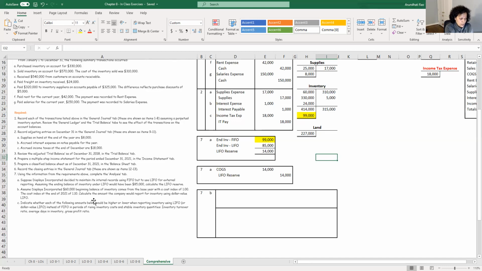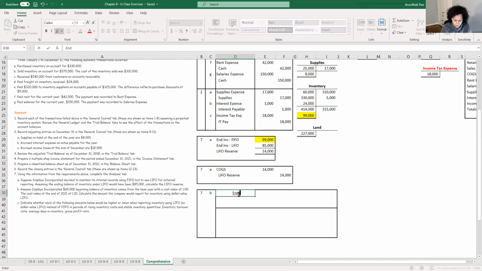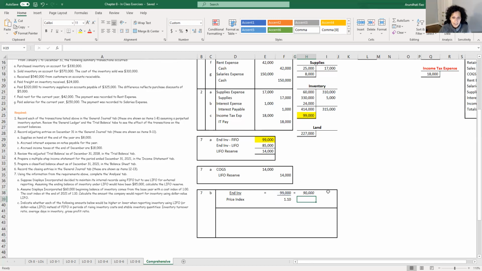Okay, so let's see how to do this. To start with, ending inventory divided by the price index. Let's first see what the ending inventory is. This is the 99,000. My price index is 1.1, that was given to me in the problem. 99,000 divided by 1.1 is 90,000.